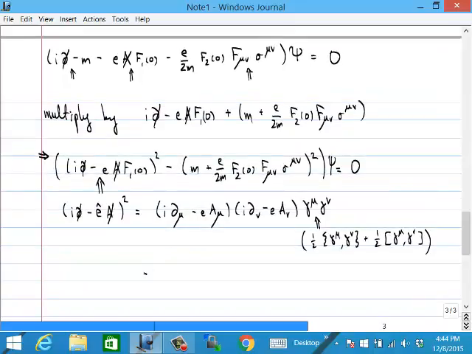So let's first look at the anti-commutator. Well, the anti-commutator just gives you this operator squared. So that's the usual Klein-Gordon operator in the presence of an electromagnetic field.